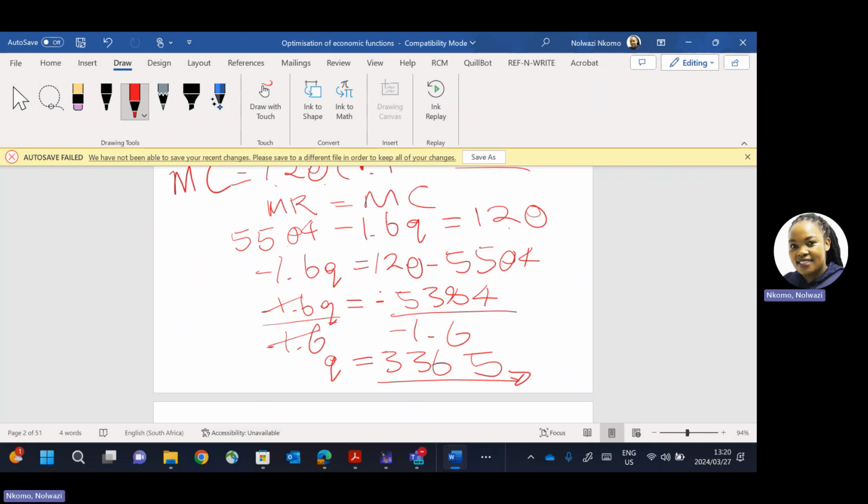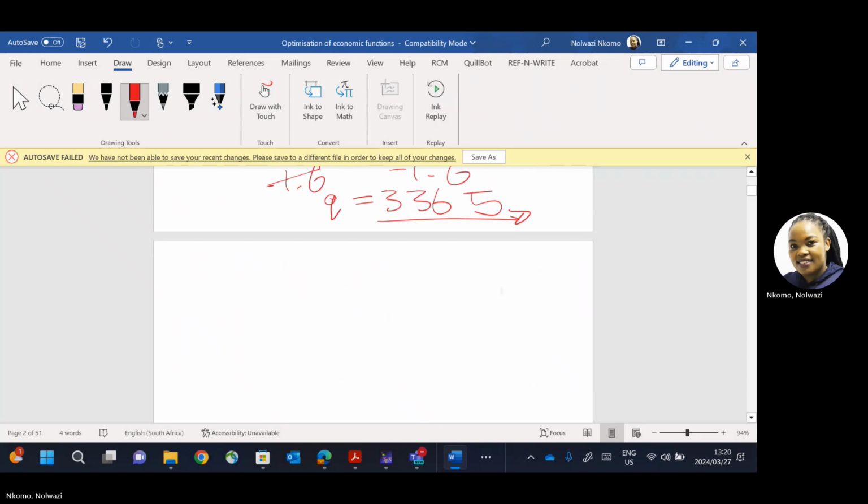Okay, and then we know that the profit is equal to total revenue minus total cost.